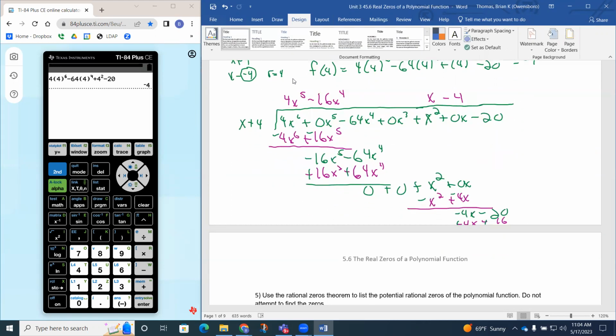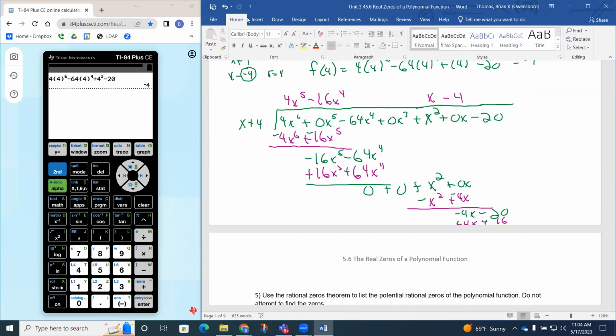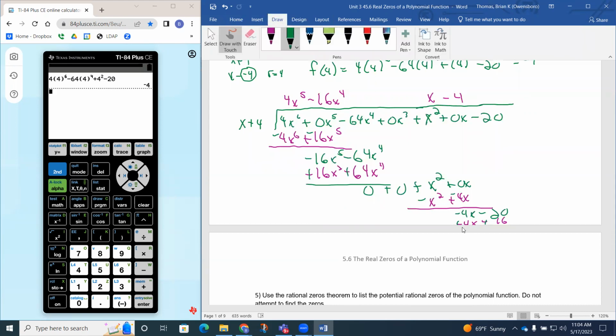So what we pick up on is the negative 4x and the 4x are going to zero out, and negative 20 plus 16 is going to be a negative 4. And now we're too small, since x times something can't give me negative 4, so that's going to give us our remainder.